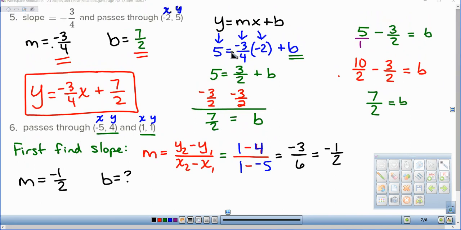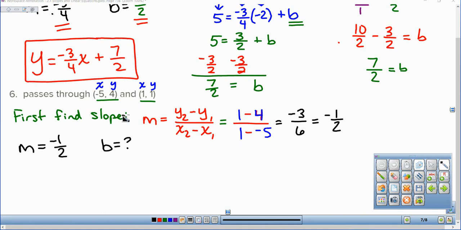Now that we know the slope, though, and a point, or at least 1 point, I'm going to use my y equals mx plus b. I'm going to do this process again, but now for this problem. So I write y equals mx plus b, and I'll use this point right here.